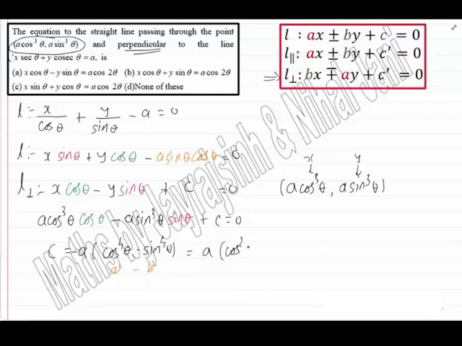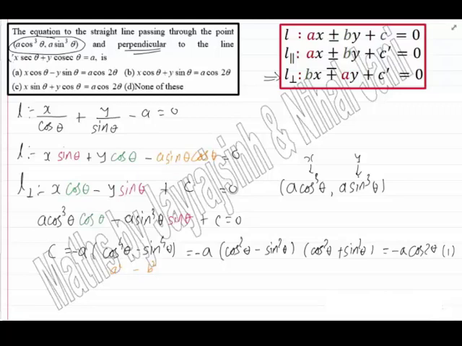So here a minus b and a plus b, so minus will be here. So you can say here we get minus a. This cos square theta minus sine square theta is cos 2 theta, and cos square theta plus sine square theta will be 1. So tada, we get the value of c, minus a cos 2 theta.